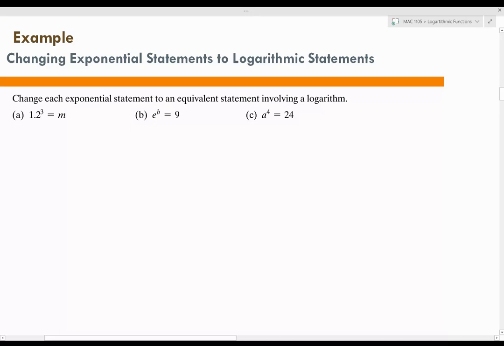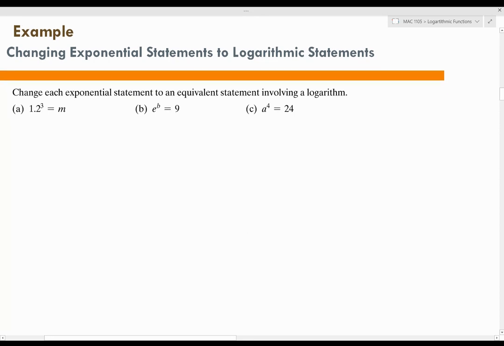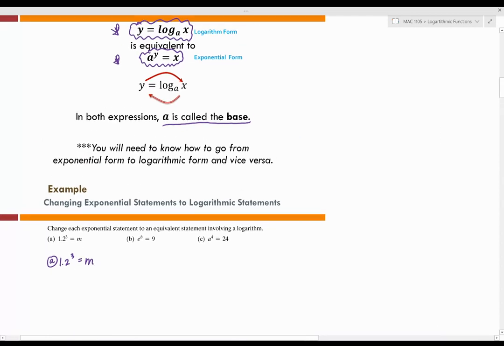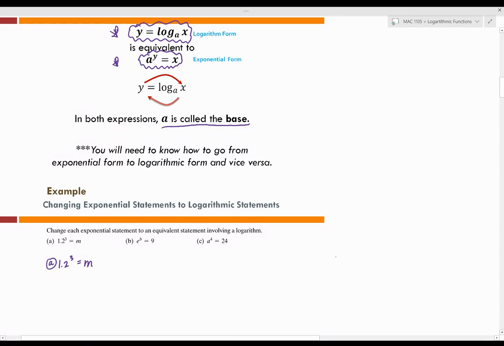These examples say change each exponential statement to an equivalent statement involving a logarithm. For A, we have 1.2 to the third power equals m. If we want to write it in log form, let me copy these down here so you can see.